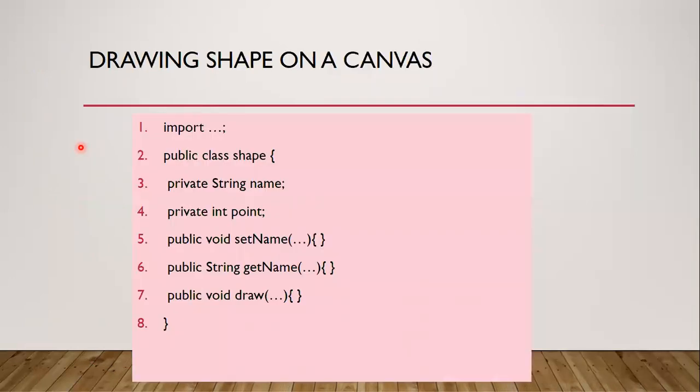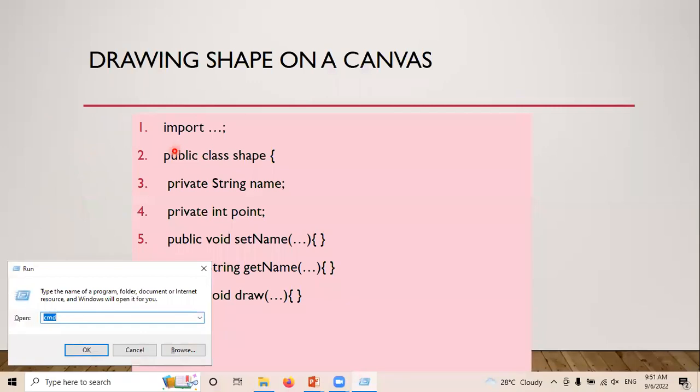So we take an example of a canvas, a drawing program. In the drawing program, for example, Microsoft Paint, we have a canvas. On the left side, we have a panel of components, of shapes to draw.